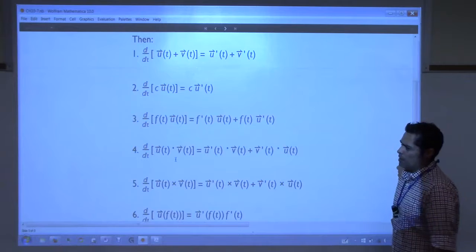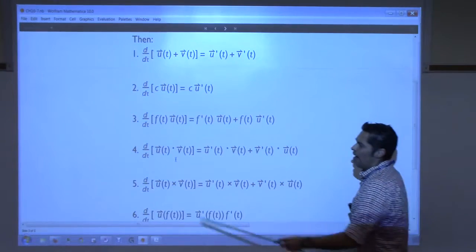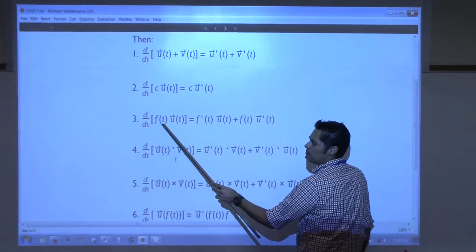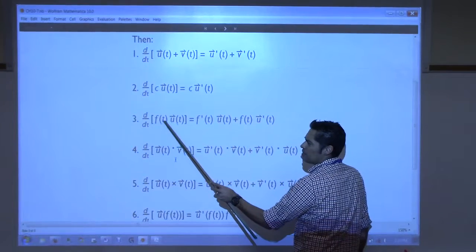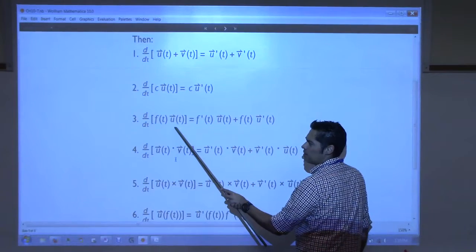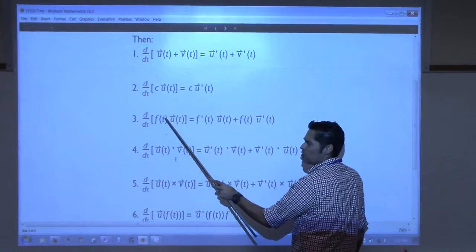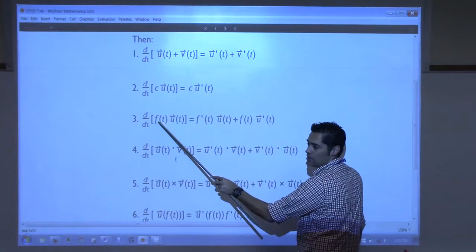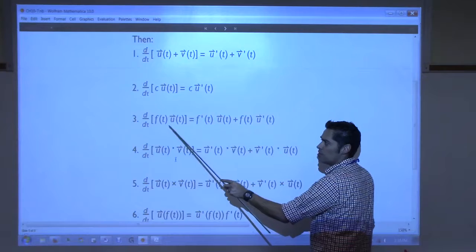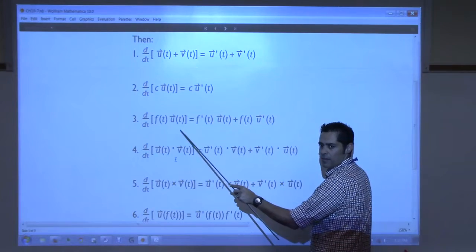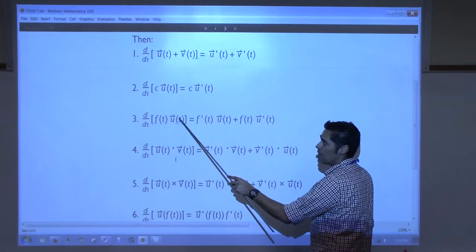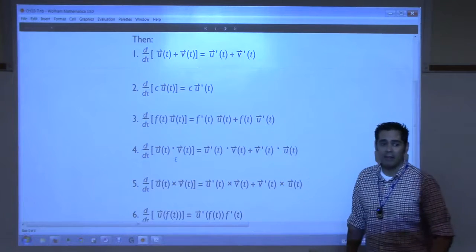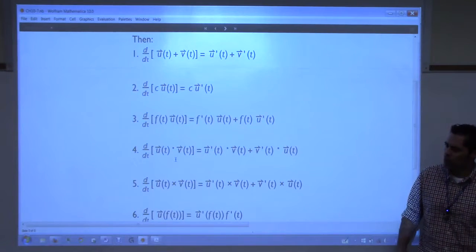Now this one's a little weird. You have the derivative of, what is f of t compared to u of t here? This is a function which we call a scalar function because it's not a vector function. So this is like e to the x times a vector function which has the angled brackets, right? You have like 2 or 3 components to each one of these. If you want to take the derivative of that, it's kind of like a product rule.